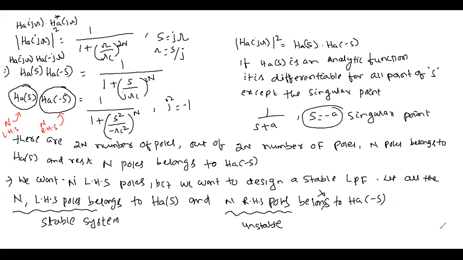Now see, H of s, H of minus s equals 1 by 1 plus (s square by minus omega c square) to power n. Now how to find the poles?